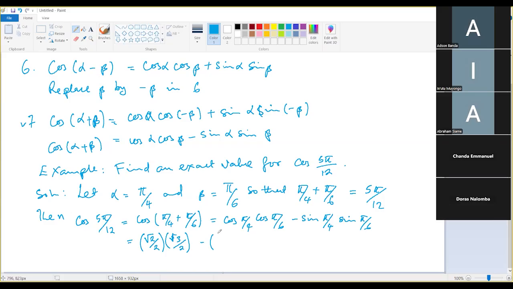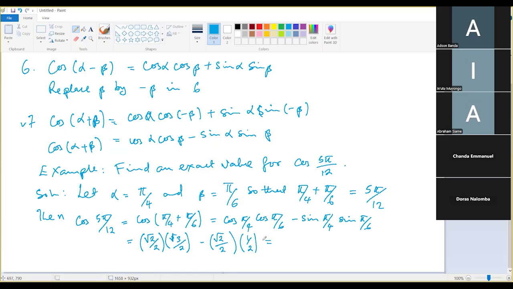So in this case, we have that the sine of pi by 4 is root 2 over 2. And then the sine of pi by 6 is just 1 over 2. Right, so in this case, we just need to simplify.